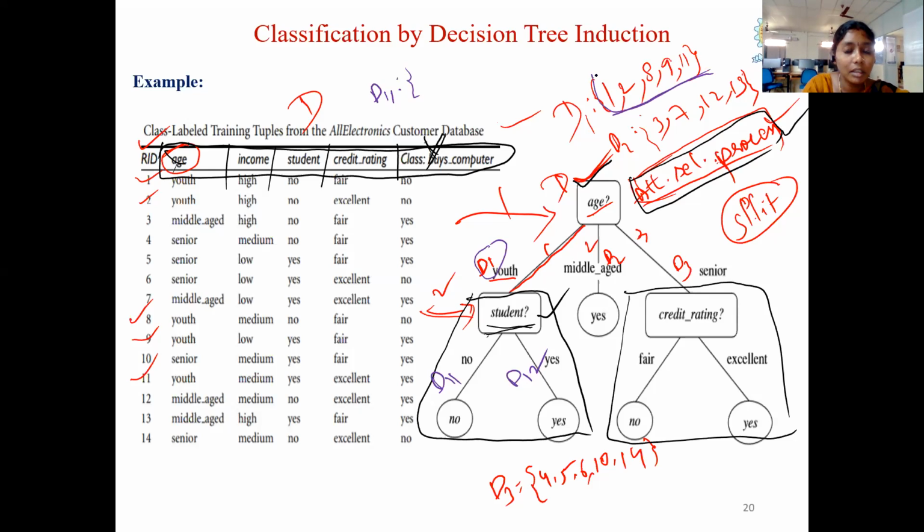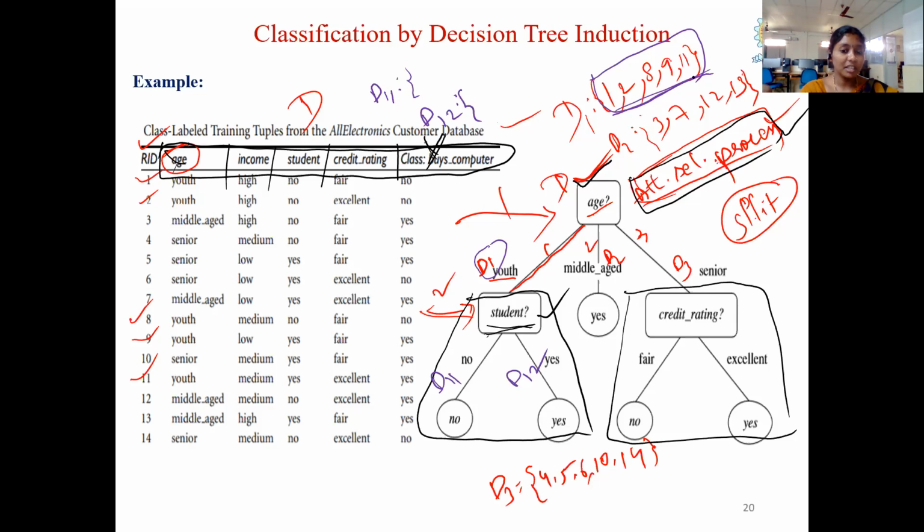Out of these, which particular tuples fall under D11 and which fall under D12? Coming to D11, what is the condition first? The value of the student should be no. So out of 1 to 8, 9, 11, if the value of the student is no, those tuples come under D11.